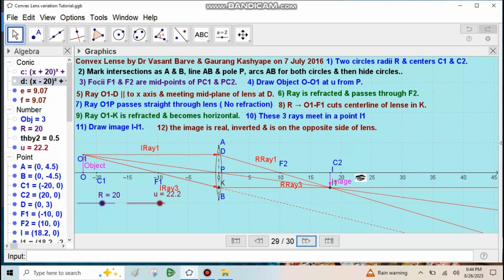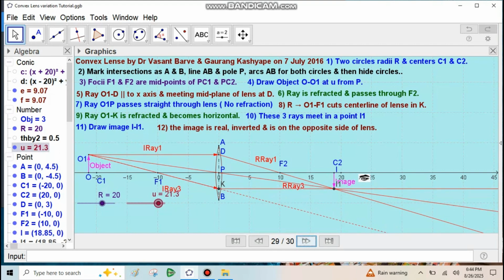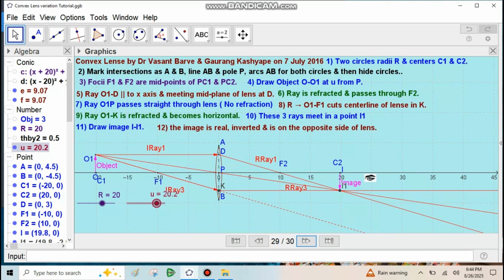Now if you keep on changing the object distance, then you will see that this diagram dynamically will change. Now let us adjust this object on C1. If you adjust that on C1, please note that the image is formed at C2. Right?